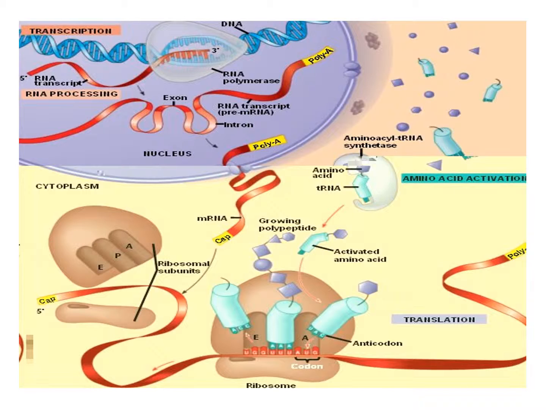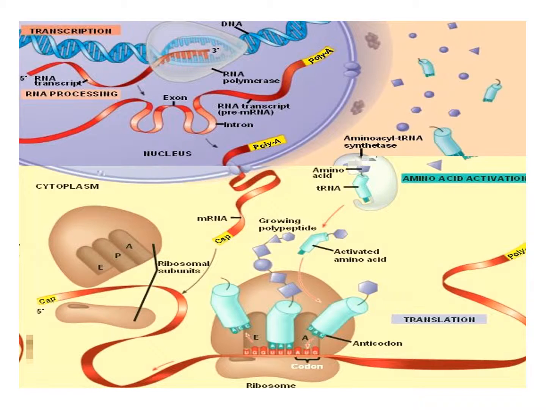Now, after the synthesis of this mRNA, once it reaches the stop codon of the gene, it stops transcription and dissociates. But this mRNA, at this point, is called a primary RNA transcript, which must be processed before it becomes a functional mRNA. RNA processing involves three things.